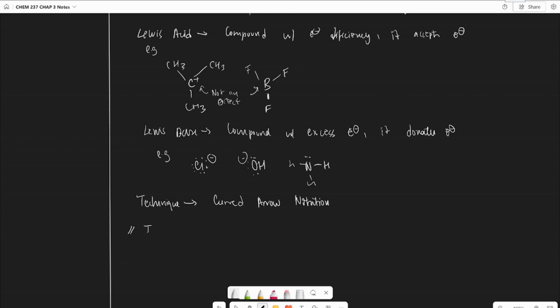First thing you have to know is it indicates the flow of electrons. It helps us track electron pairs in a chemical reaction.